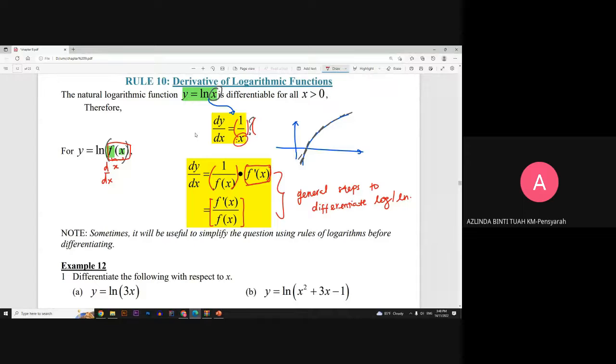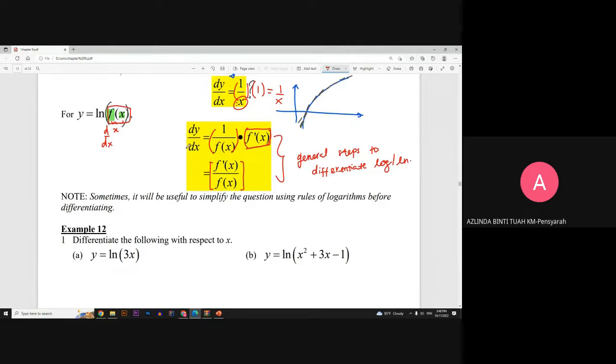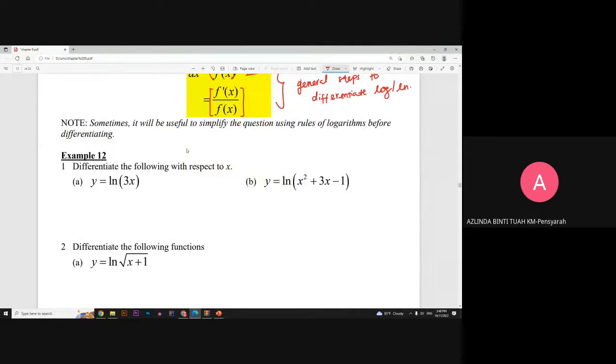Yang bawah ni, differentiate x adalah 1. So sebab tu kita dapat 1/x sahaja. Okay, ni dia punya 2 step yang perlu kita ingat untuk differentiate. And there is a note here, sometimes it will be useful for us to simplify the question using rules of logarithms before differentiate. Okay, example 12.